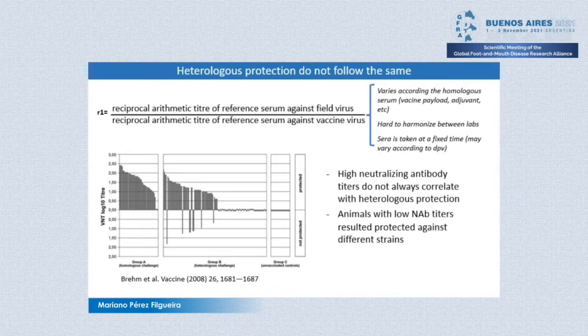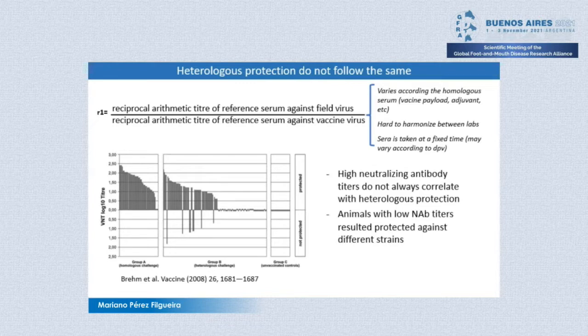So the OIE has recommended the use of the R1 index, which would tell you, using serology, how similar or different a field strain is from a vaccine strain. We have been talking about this during the first day, but it has a number of problems.